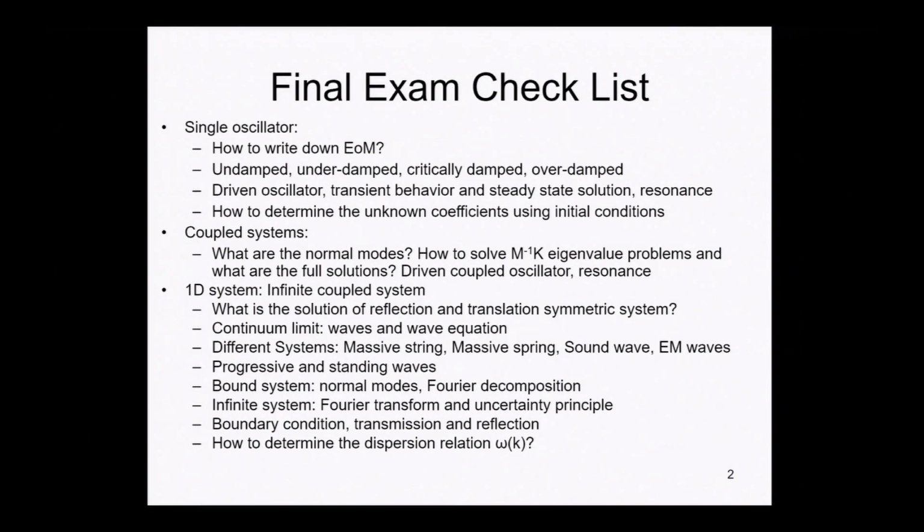So we found that finally we make the phase transition from single object vibration to waves, and that is an achievement we have made in L3. And we have discussed different systems: massive string, massive spring, sound waves, electromagnetic waves, and we have discussed progressive waves and standing waves.